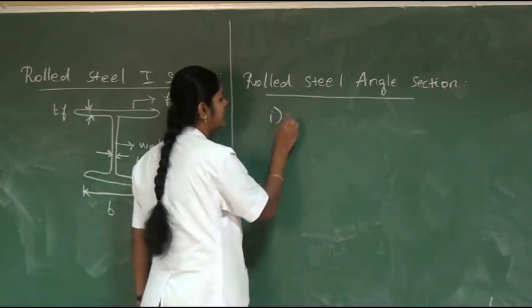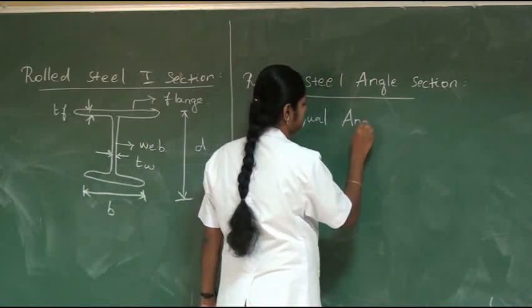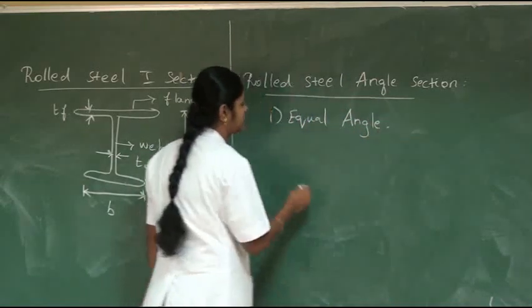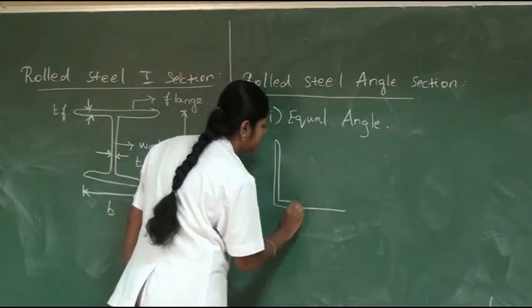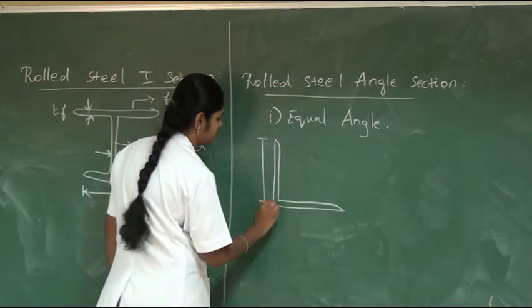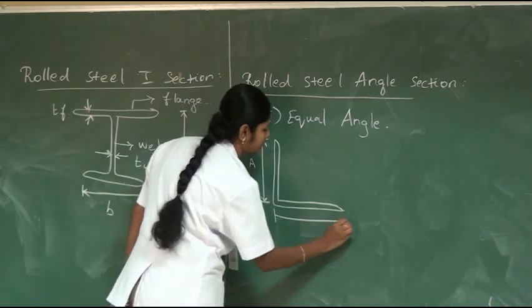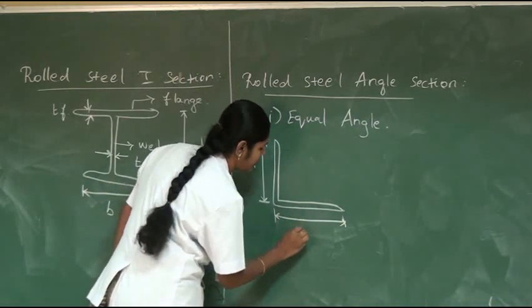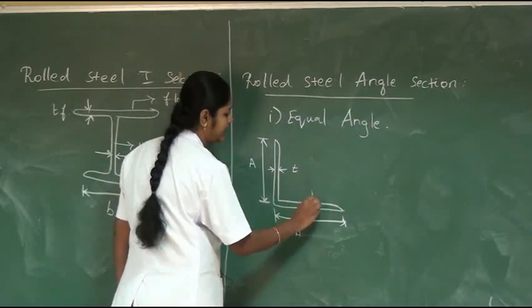First one is an equal angle. This is an L section with equal length. This length is A and this length is also A. Here the thickness is denoted by T.